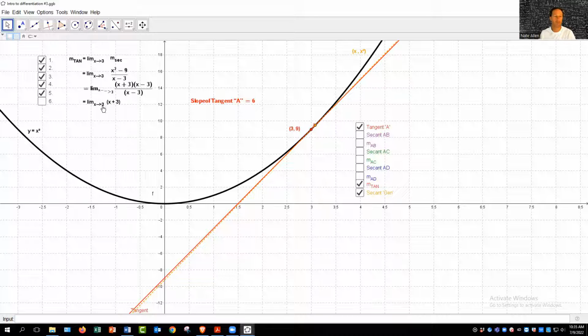So now we'd be left with this, the x plus 3. And if we get closer and closer and closer and closer to 3, so close that we're just going to call it 3, what happens when you take 3 and add 3? Well, we end up getting our slope of the tangent that we said it was approaching with all those other values.